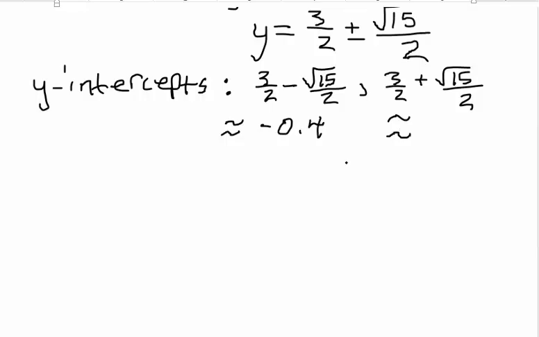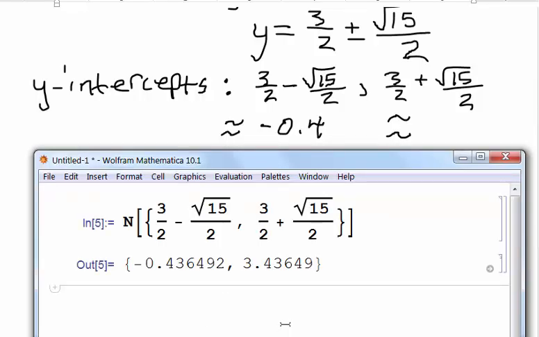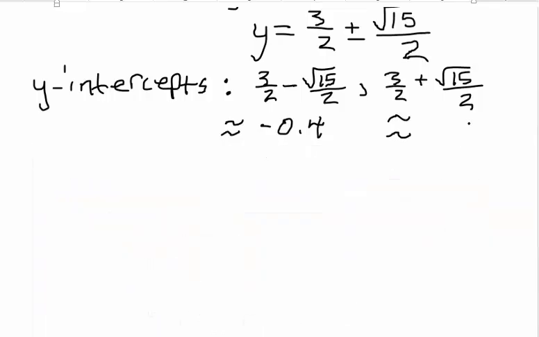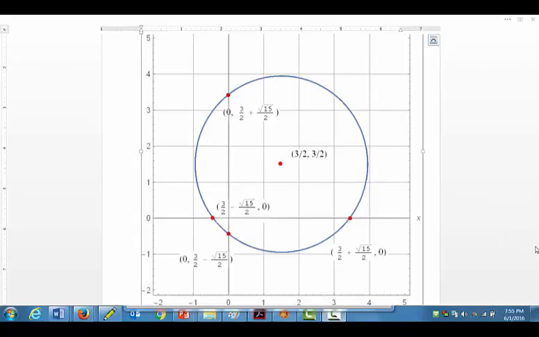And the larger y-intercept, and remember these are also the values of the x-intercepts, is 3.4. So when you're approximating to put on the graph, you only need to go to the nearest tenth. That basically tells me where to put those intercepts when I do my graph.